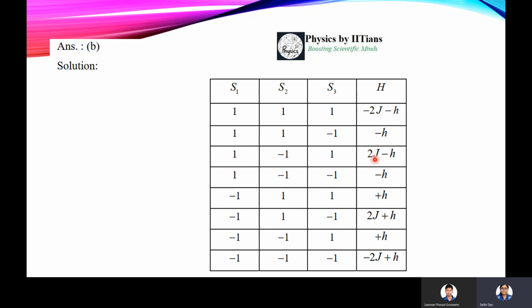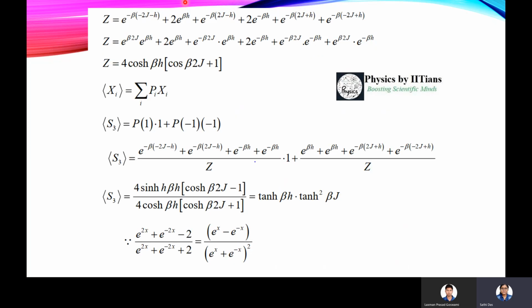Let us take this one, that is 2J minus H. There are no other 2J minus H terms, so it has degeneracy of 1. This is plus H. There are 2 plus H terms, so degeneracy is 2. The 2J plus H term has no degeneracy, and minus 2J plus H also has no degeneracy. So you have to include the degeneracy factor 2 where there are two same energy levels.